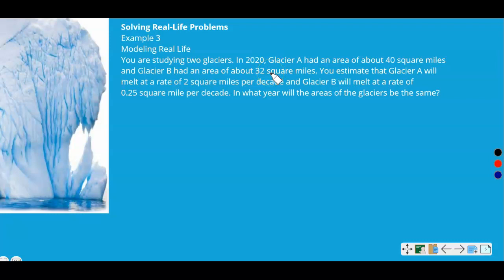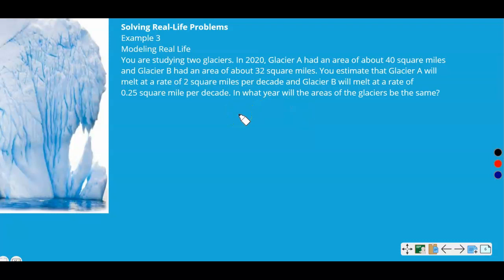We can take that area and subtract the area lost per decade. It says 2 square miles per decade for Glacier A. Remember, a decade is every 10 years. And Glacier B will melt at a rate of 0.25 square miles per decade, or every 10 years. It says, in what year will the areas of the glaciers be the same?